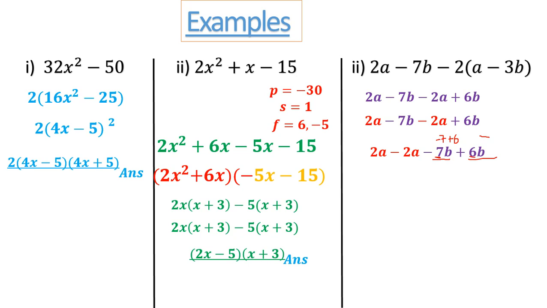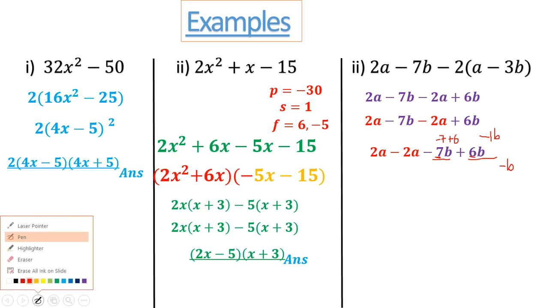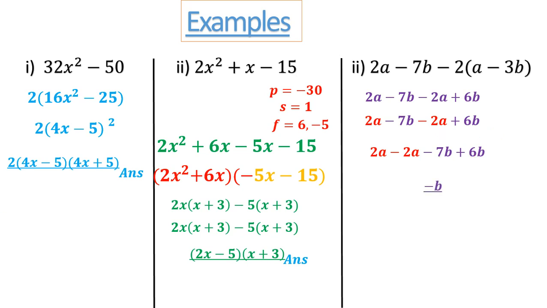Then I'll subtract this smaller number, the 6 from 7. What am I going to have? A 1. Then I'll bring the b now. Now if a coefficient is 1, we don't show it. So our final answer will be a negative b. That's all. Okay. So that is how you handle such questions.